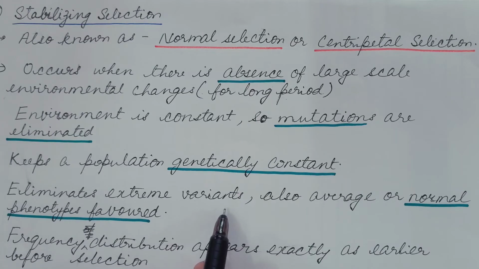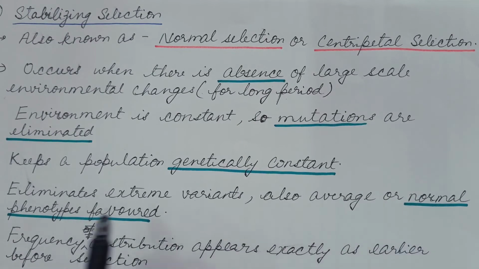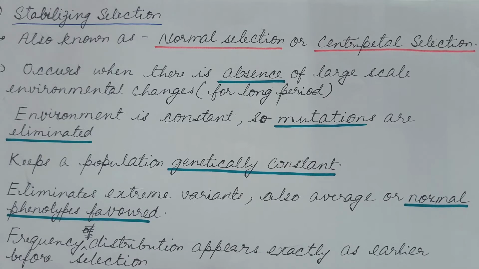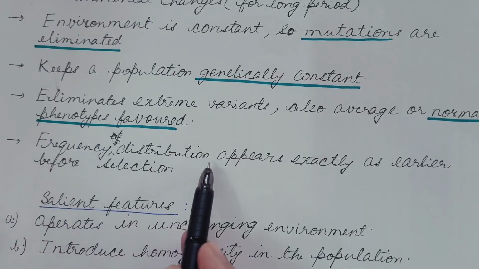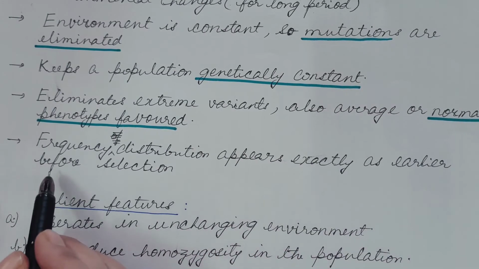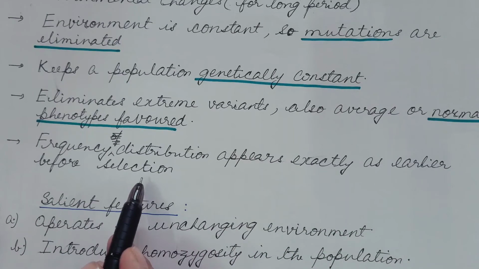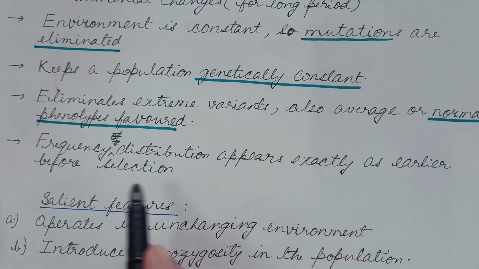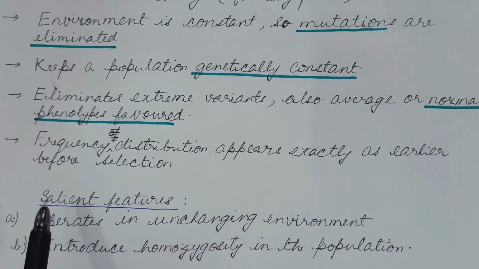Eliminates extreme variance. Also, average or normal phenotypes are favored. So, the normal phenotypes are favored and extreme phenotypes are eliminated. Frequency distribution appears exactly as earlier before selection. So, the distribution of frequency appears same before and after selection. Now, the salient features: operates in unchanging environment.